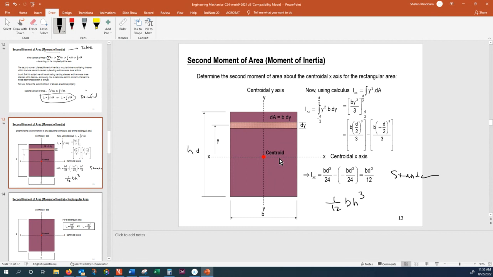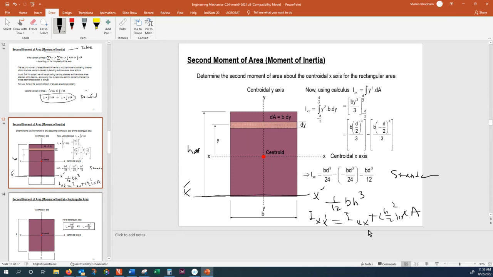Here this is called D, that is H. And if I have my x-axis or x prime axis, that becomes I x prime, and this is I x plus half of this distance, which is h by 2, squared, multiplied by the area.